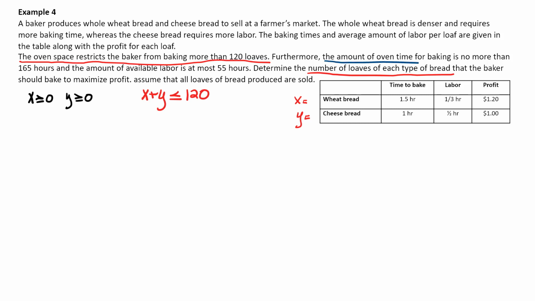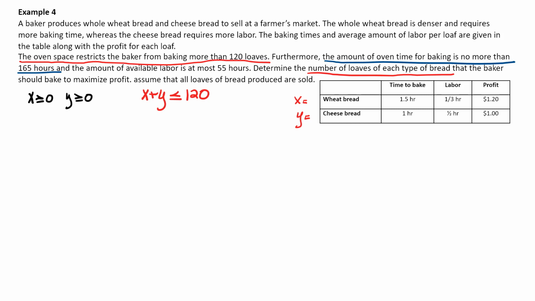We also know that the amount of oven time for baking is no more than 165 hours. For each wheat loaf, the time in the oven is an hour and a half, according to the table, and for each cheese loaf, it's an hour.